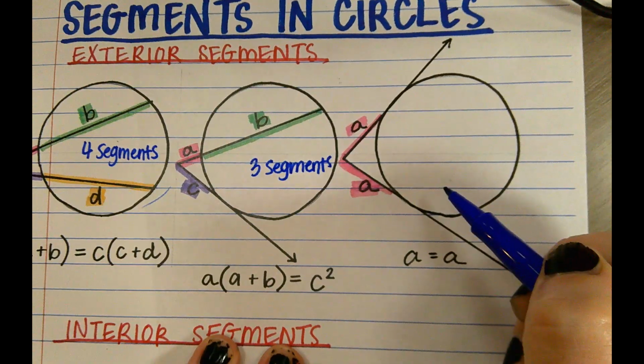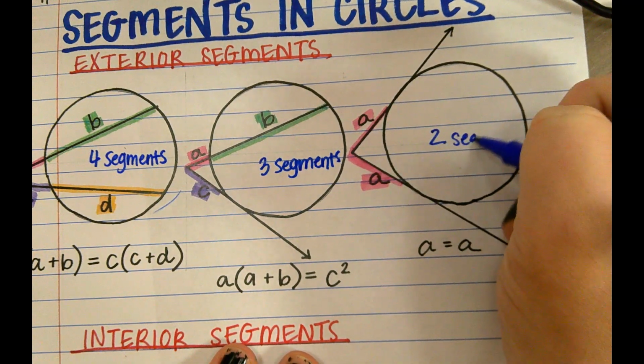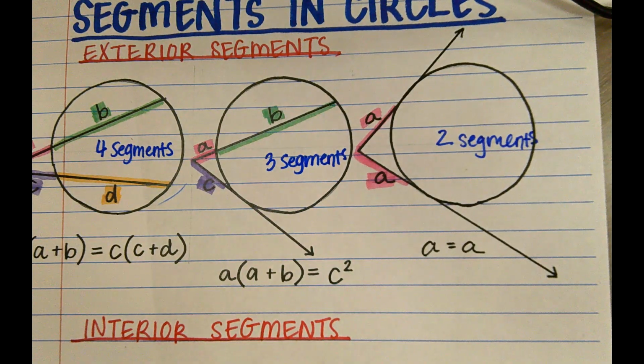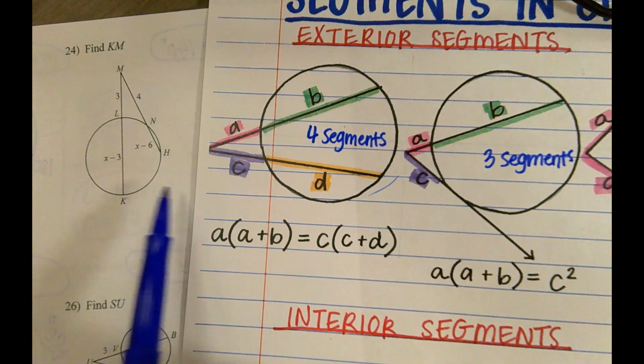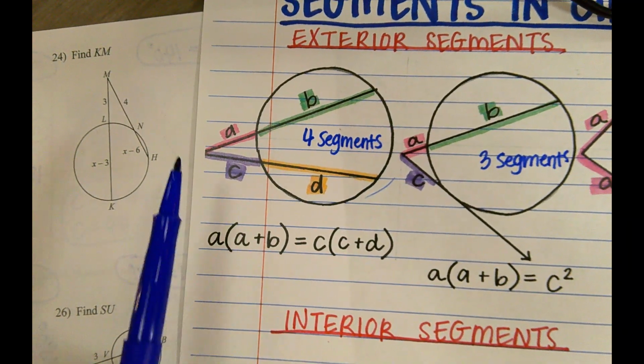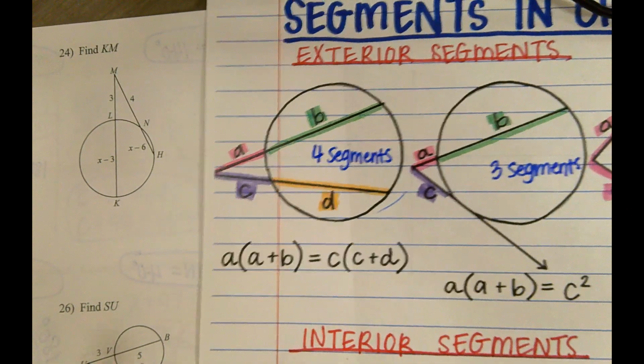And my last formula, A equals A, there's just 2 segments. So sometimes looking at the picture, it can be hard to compare, especially when we have different angles. This doesn't look like any of those. It can help to see how many segments do I have labeled and go off of that.